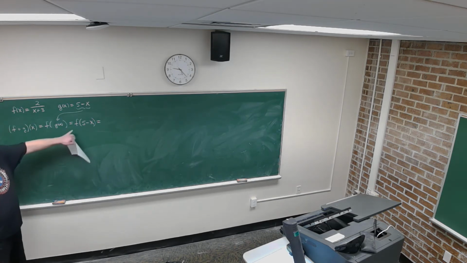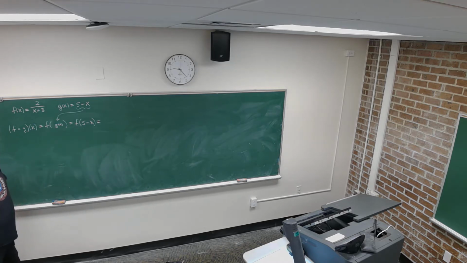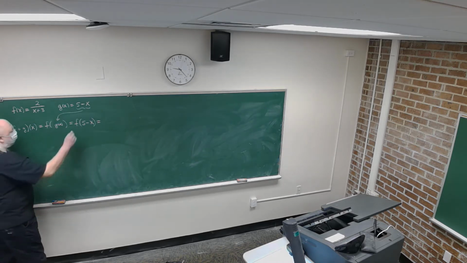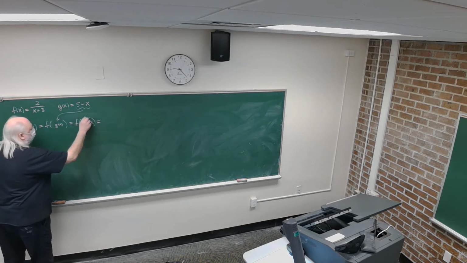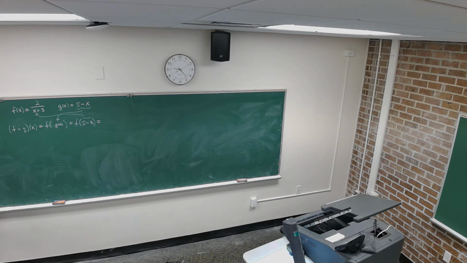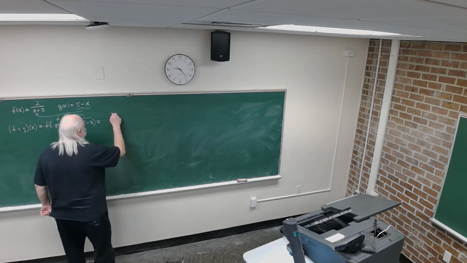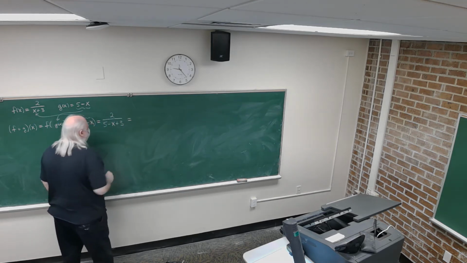Now you have to evaluate the function f at 5 minus x. How do you do that? You put 5 minus x in for x in f of x. Wherever you see an x on the right hand side, put 5 minus x. So this is equal to 2 over (5 minus x) plus 3.